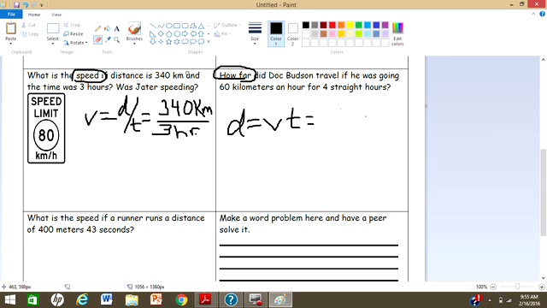So I'm going to go down here and write it. I'm just writing it below here because I don't have enough room. So we have, he's traveling 60 kilometers an hour. And we multiply that times the time, which is 4 hours.